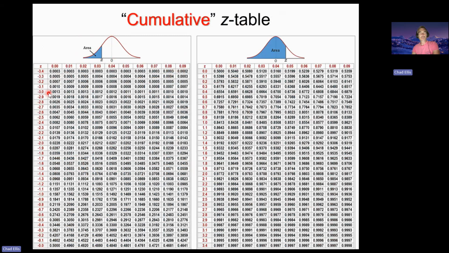Say I wanted to look up the cumulative area or probability for a z value of minus 1.51. I first go to the left side and find minus 1.5, and then I go along the top and add 1/100th onto that. So a z value of minus 1.51 corresponds to a cumulative area or probability of 0.0655.